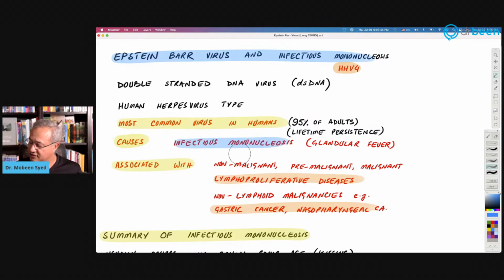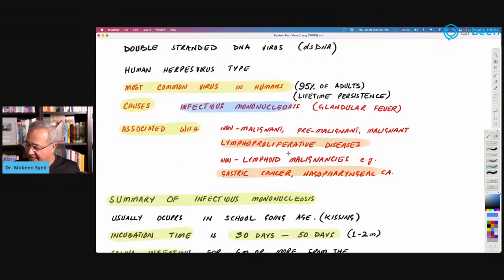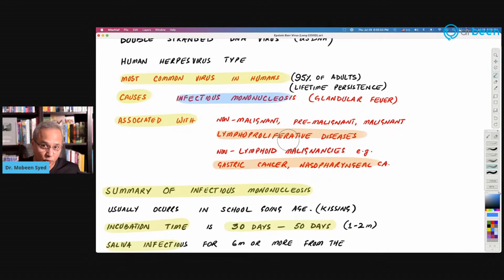This virus causes infectious mononucleosis or glandular fever. This virus is also associated with, for example in African countries, lymphoproliferative diseases like Burkitt's lymphoma. And you would see that this virus does a very interesting programming of the B cells. It can make them immortal.